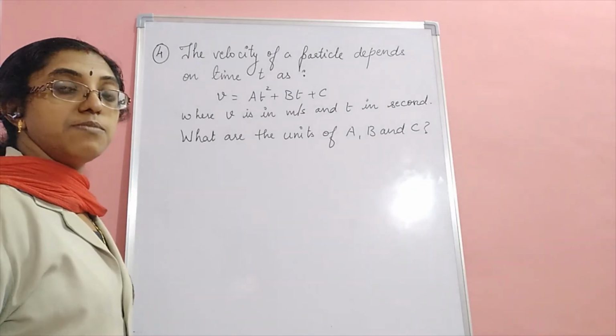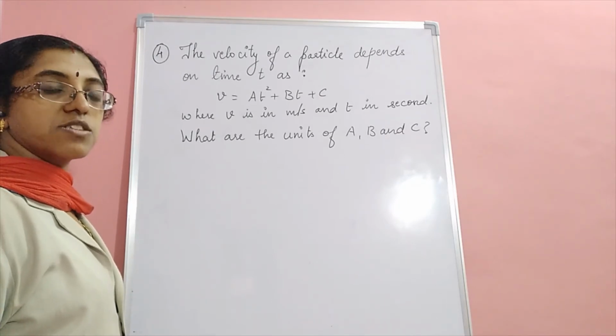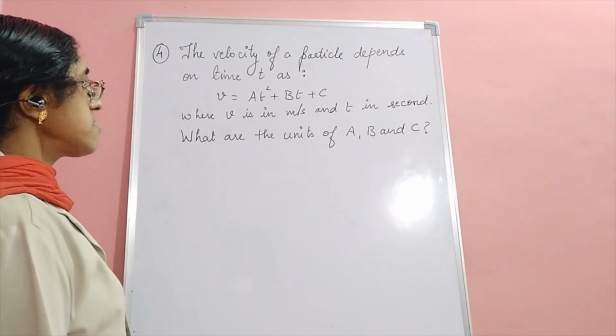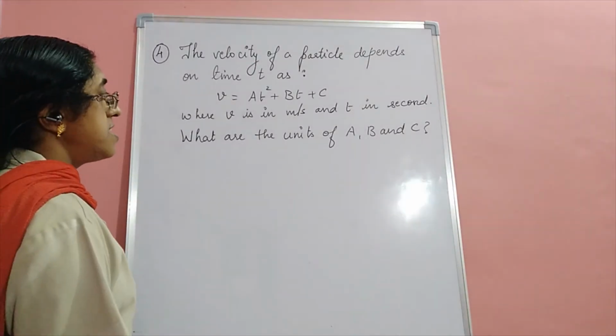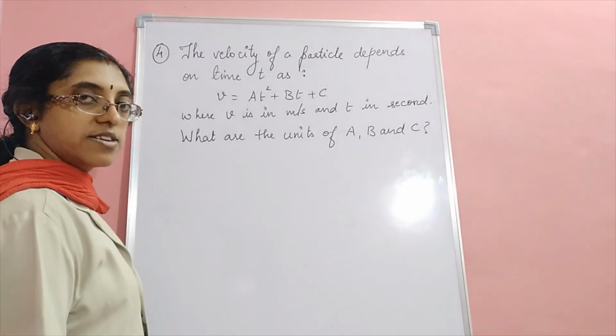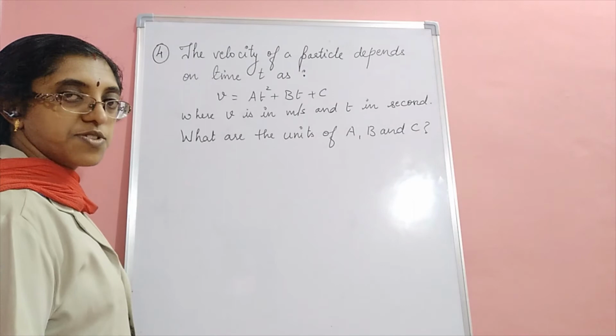A, b and c may be a variable, it may be a constant, as there are certain constants which have units. So in order to find that, the left hand side of the equation has only one term, whereas the right hand side consists of 3 terms.